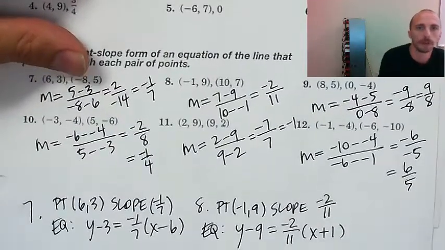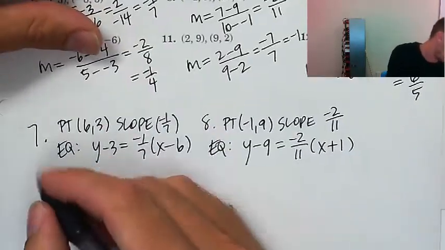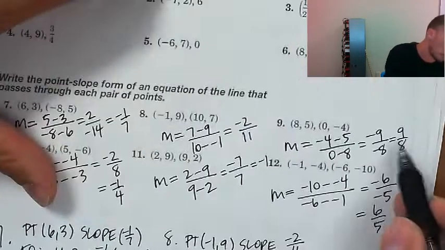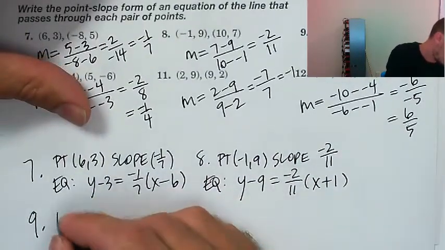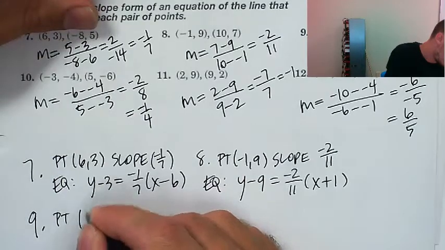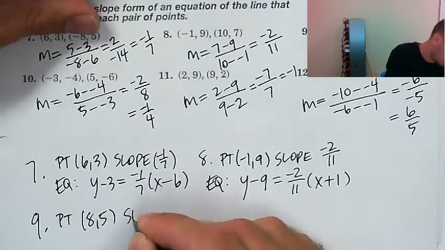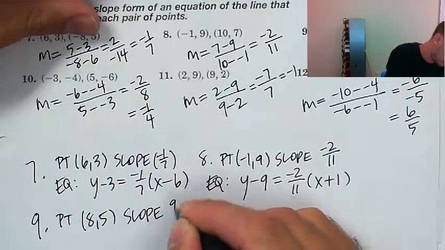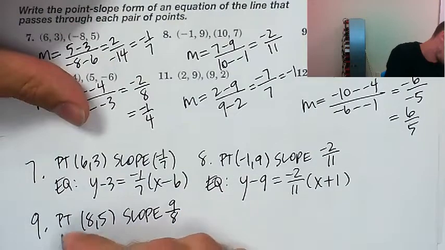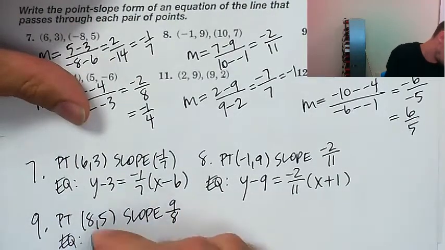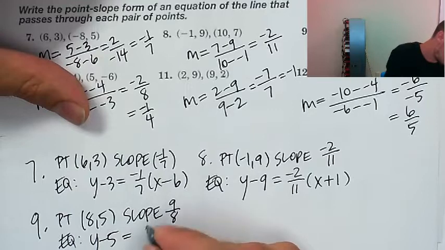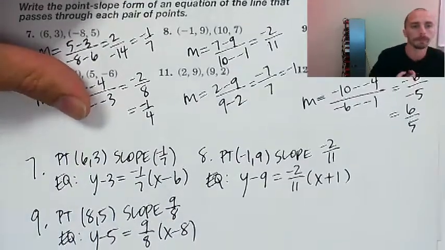I will choose 8 and 5. I'm just going to keep choosing the first point. Slope 9/8, point 8 and 5. So my equation is going to be y minus 5 is the slope times x minus 8.